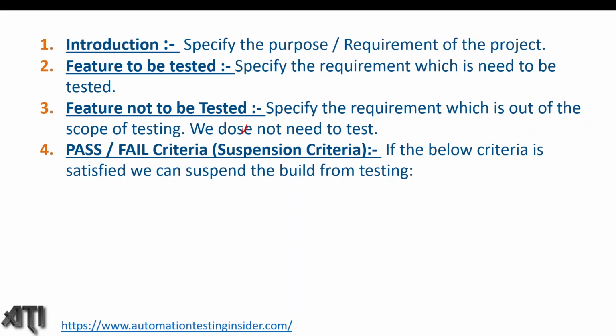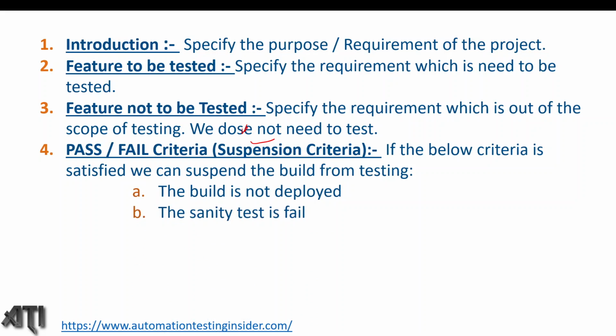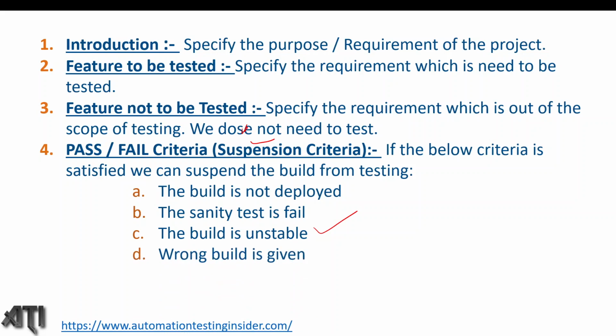So what is the pass fail criteria? There is a section called pass fail criteria, or you can say suspension criteria, in the test plan. If the below criteria are satisfied, then we can suspend the build from testing. If the build is not deployed, we cannot test the application. If the sanity test is failed, we cannot go for further testing. If the build is unstable, this is another criterion where we cannot go for further testing.